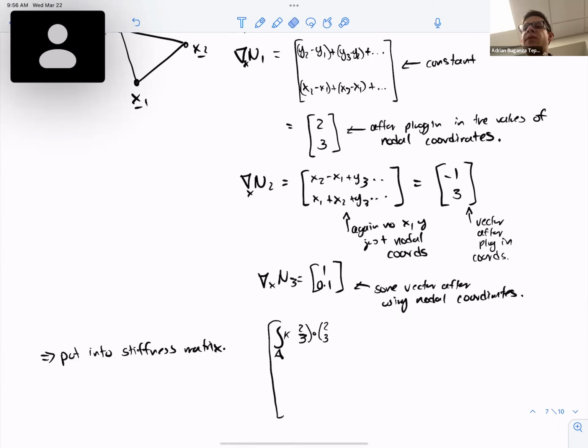I should keep on using the square brackets. And then integral over the triangle of k, which again is just a number, of 2, 3, not 2 over 3, but just 2, 3, dotted with minus 1, 3. And so on.